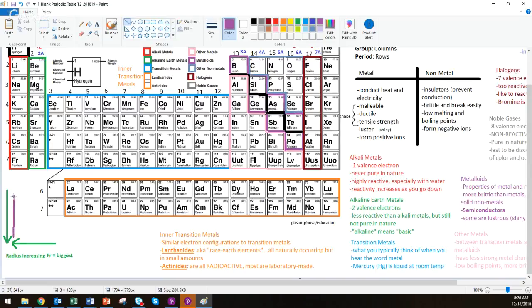So as you go up, all right, a little OCD there, but I like my lines to actually be straight. And let's even get the definition of ionization energy on here.